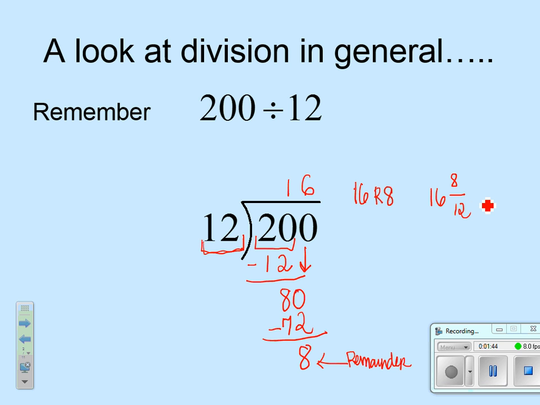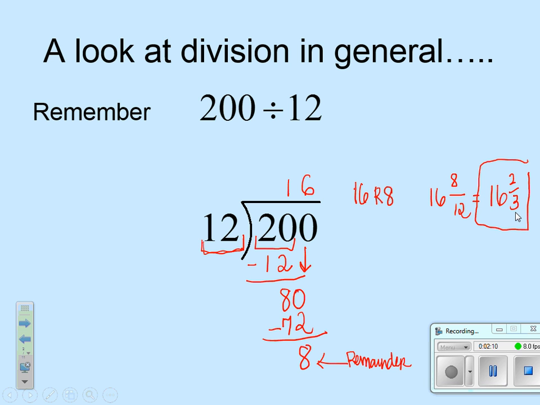Then your teacher taught you about fractions and said we could reduce that 8/12 to 2/3, because 4 goes into 8 2 times and 4 goes into 12 3 times. So you actually wrote this problem as 16 and 2/3, or 16.666666 repeating. That is the answer to this problem.